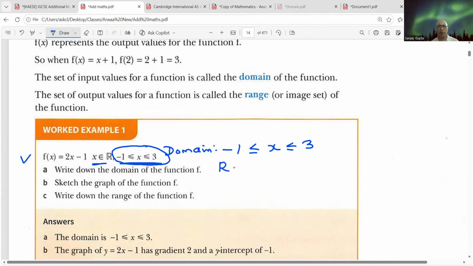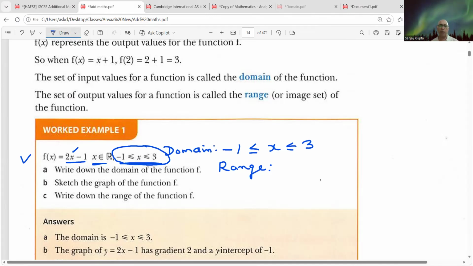And the range is the output values. If I input minus 1 into this function, I get 2 times minus 1 minus 1, which is negative 3. As you can see, if I go on increasing x from minus 1 to 3, 2x minus 1 is going to increase. Therefore, the minimum value of f(x) is negative 3, and the maximum value will be when I input x equal to 3.